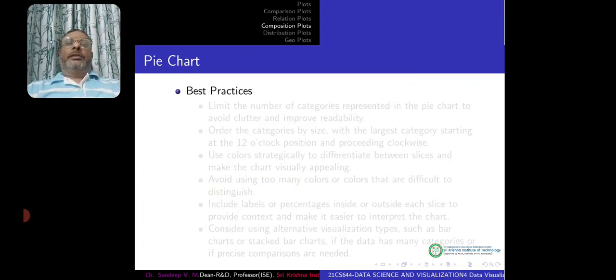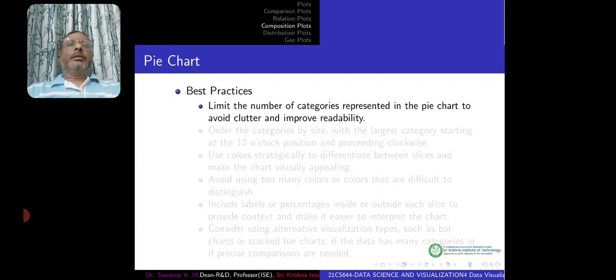To make things more efficient, one best practice while using the pie chart is to limit the number of categories represented in the pie chart to avoid clutter and improve readability. The higher the number of categories, the more the same 2 pi radius will be distributed among all the categories.